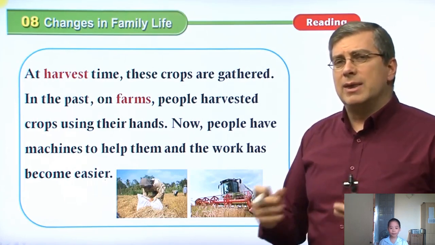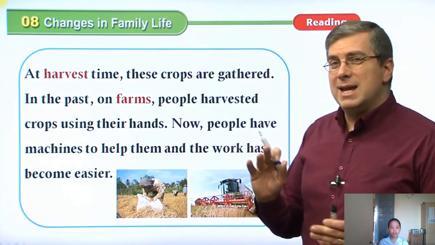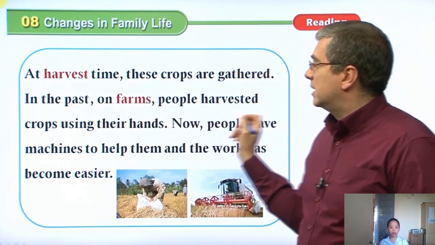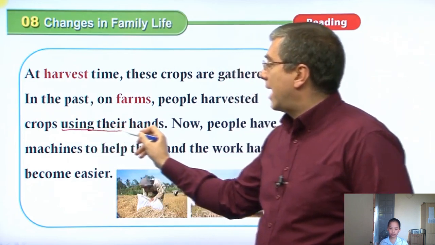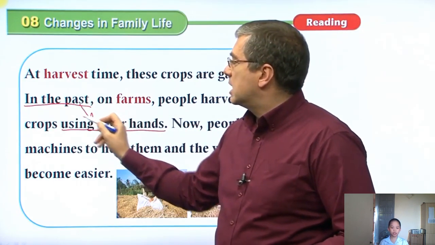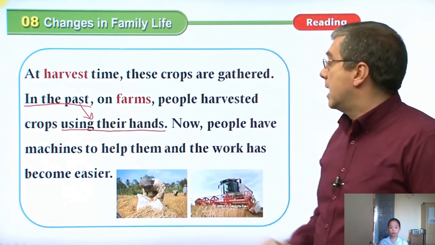These crops are gathered. In the past, on a farm, people harvested crops using their hands. Now people have machines to help them.